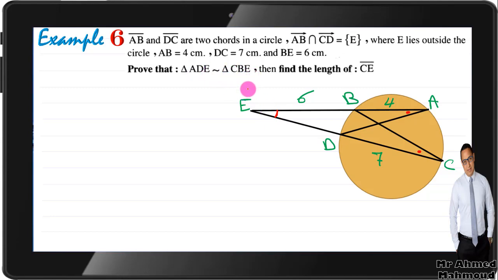ADE, CBE, E is a common angle. Now we have angle A and angle E from the first triangle equal to angle C and angle E in the second triangle, so the two triangles are similar.